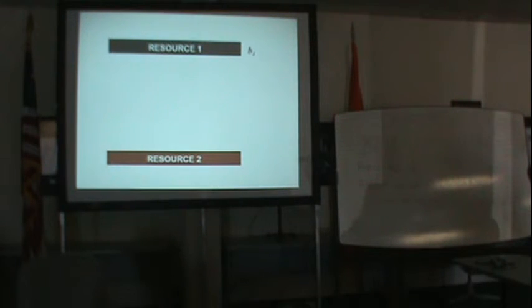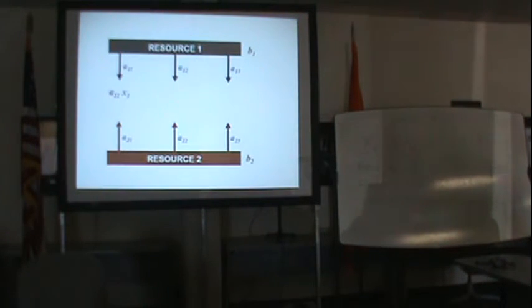And here you have these 2 resources. And you have the same formula I had before. Now, the amount consumed for resource 1 will be A11 x1, A12 times x2 for the second activity, and A13 times x3 for the third activity. For the second one, the same thing, the only thing that changes is the first subscript, look.